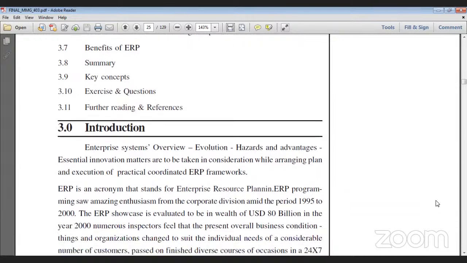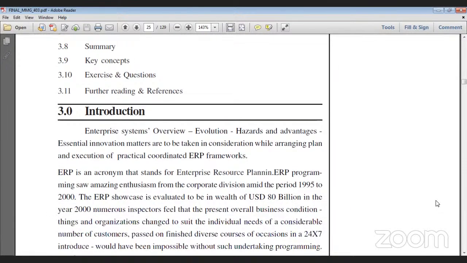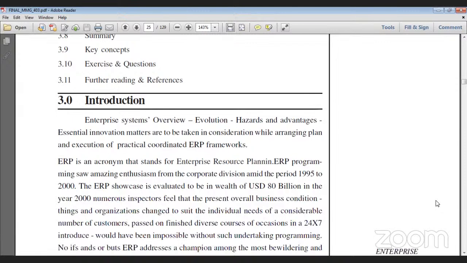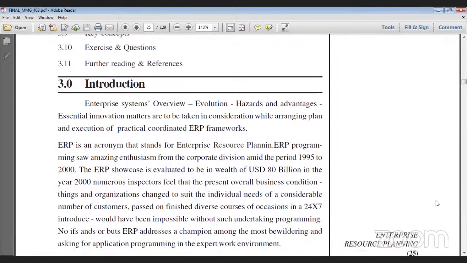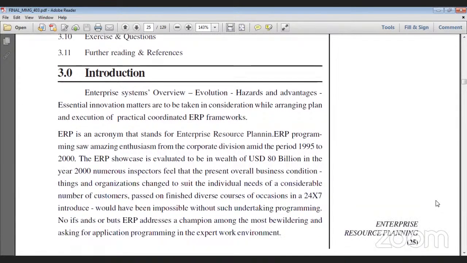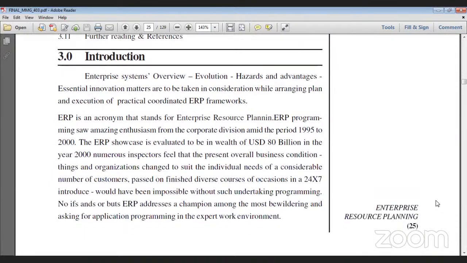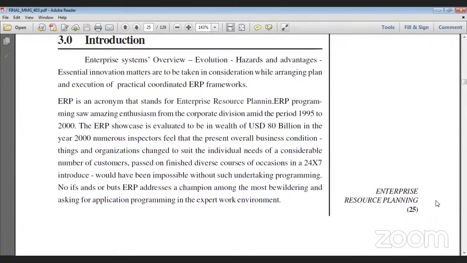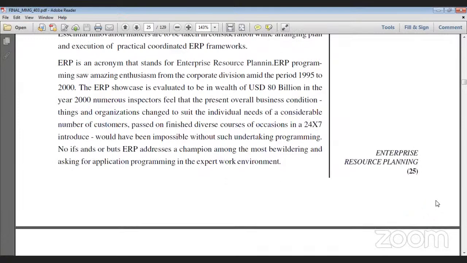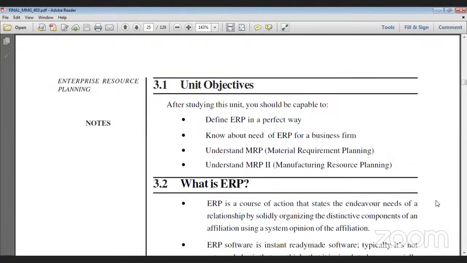Numerous inspectors feel that the present overall business conditions push organizations to suit the individual needs of the considerable number of customers. Here you are given the unit objectives: define ERP, know ERP business need, then MRP, then MRP second, resource planning.